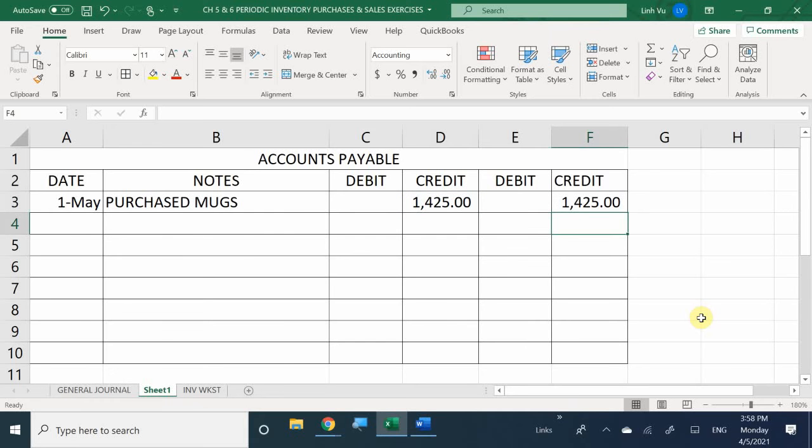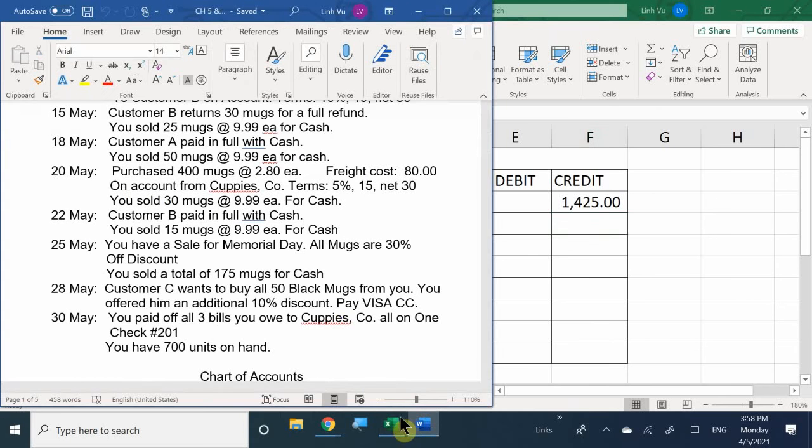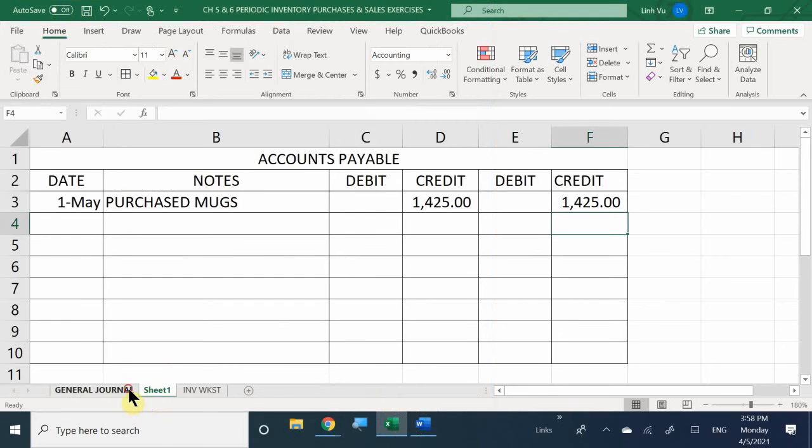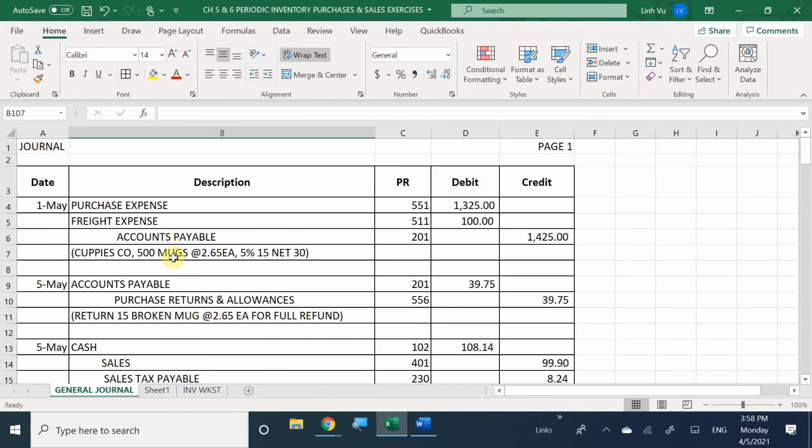Okay? So then what happened next? Let's go back to my journal. Sorry about that. So then on May 5th, I made a purchase returns and allowances, which decreased my accounts payable for $39.75.